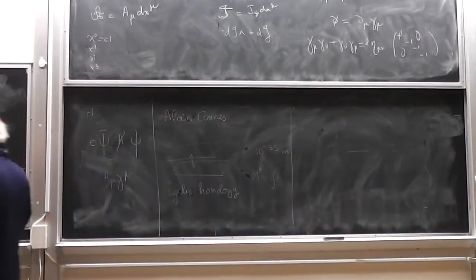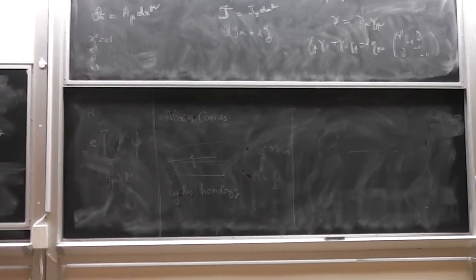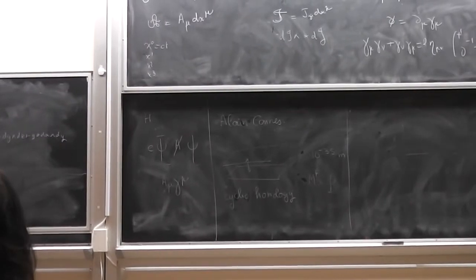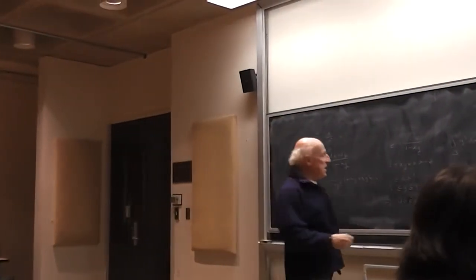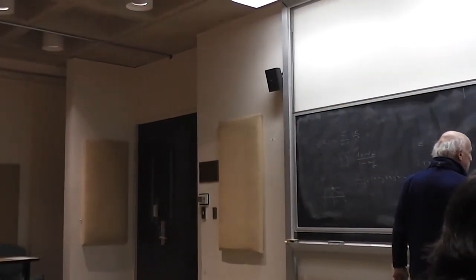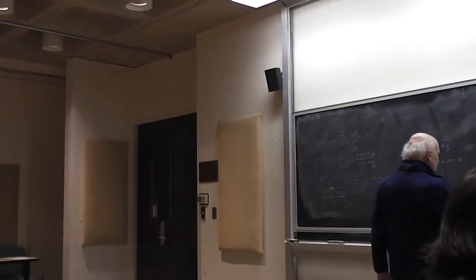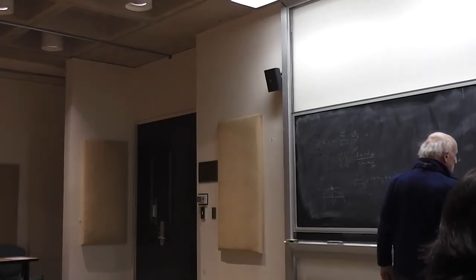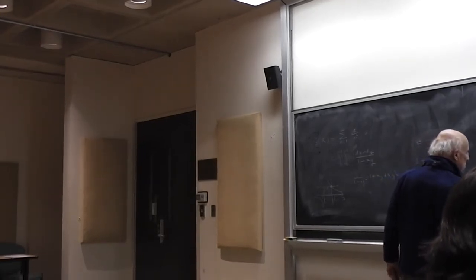That kind of integral is called a period. A period. And now these periods were defined by Don Zagier, of Bonn and Collège de France, and Maxime Kontsevich in 2002.